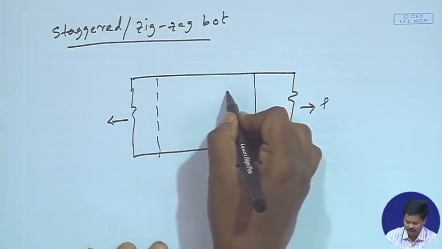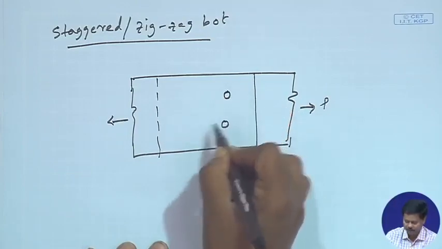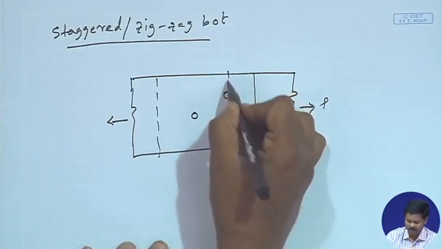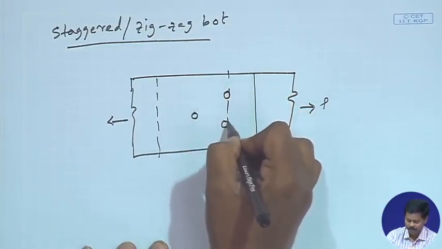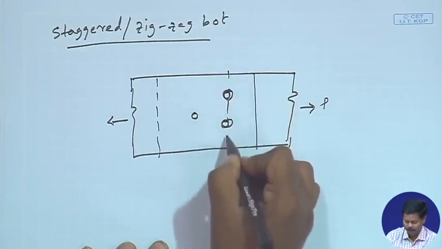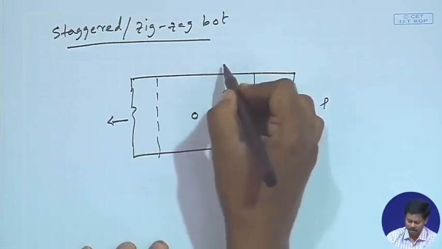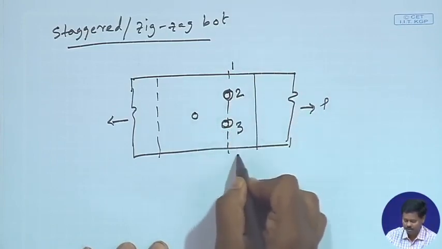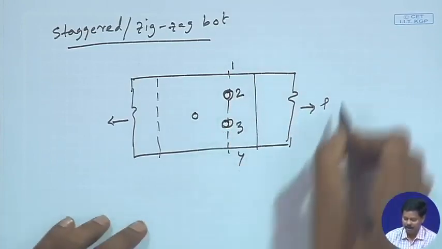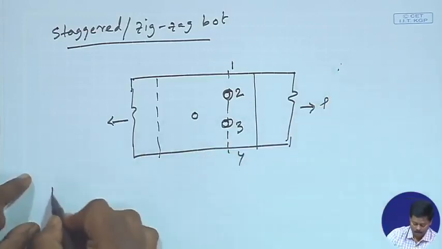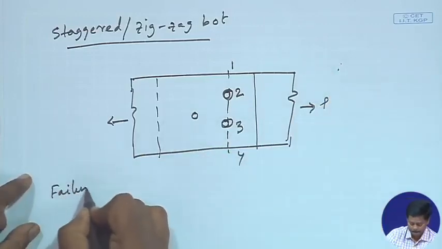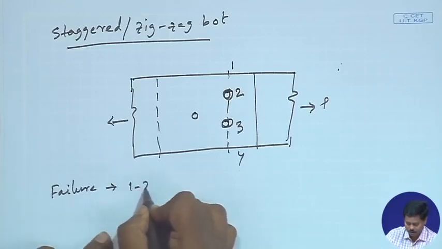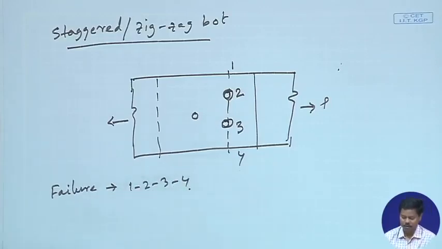So, here we can see that suppose the bolt connections are like this, then it may fail in this way. In this way, say I can give a name 1, 2, 3, 4. So, failure may occur along 1, 2, 3, 4.